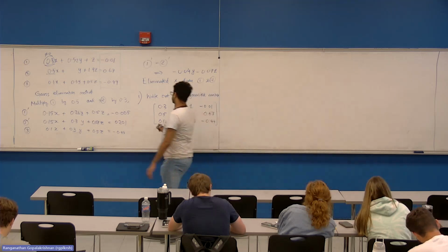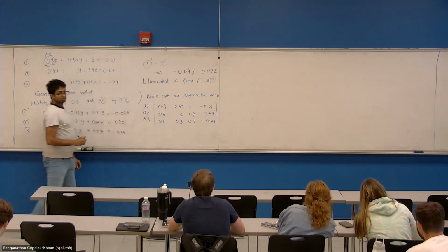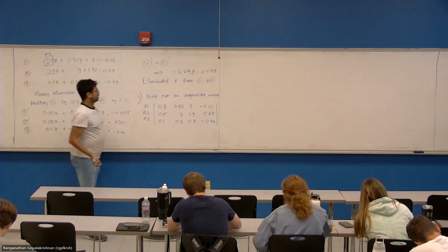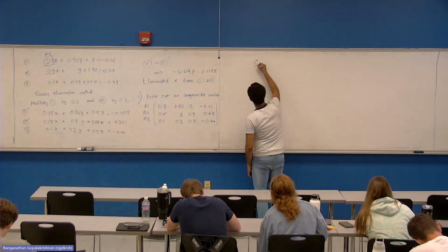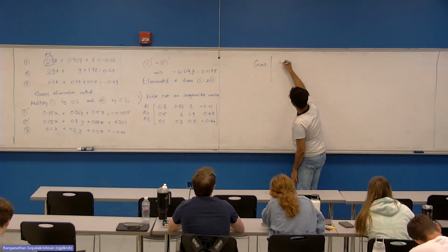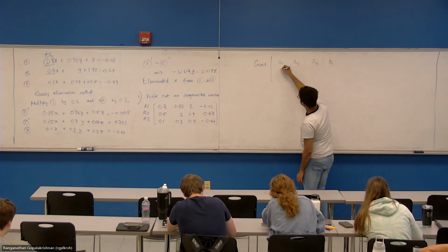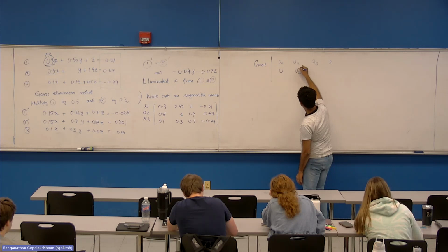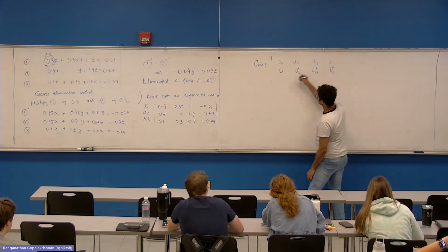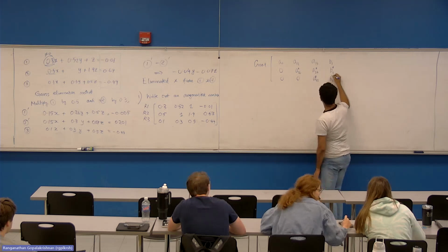We'll call this row 1, row 2, row 3. What is our goal? Our goal is to reduce the matrix to a form where you have A11, A12, A13, B1, then 0, A22 star, A23 star, B2 star, then 0, 0, A33 star, B3 star.